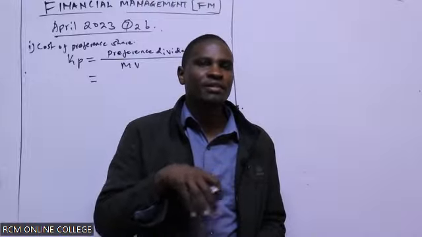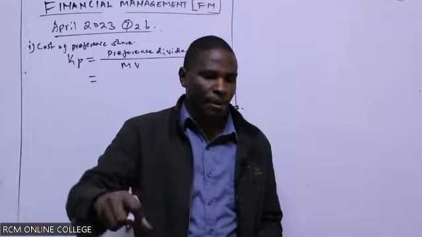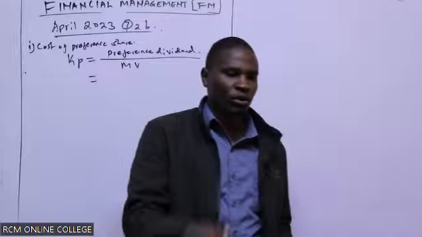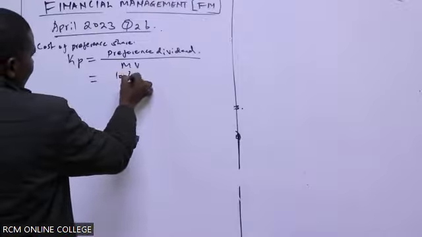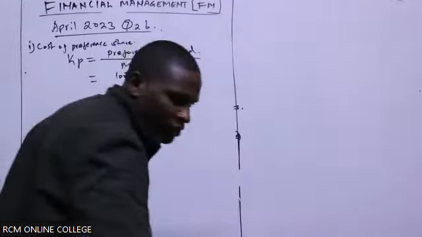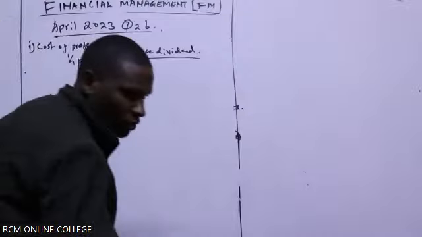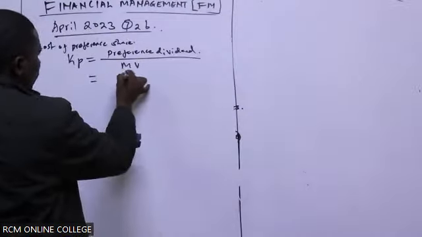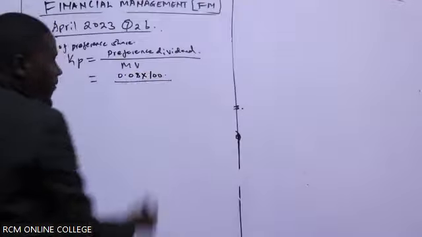How do we get interest from a loan? You take the interest rate times the par, the loan borrowed. So it will be 8%, not 100%. We are told the preference dividend is 8. So it will be 8% or 0.08 times 100 divided by market value.